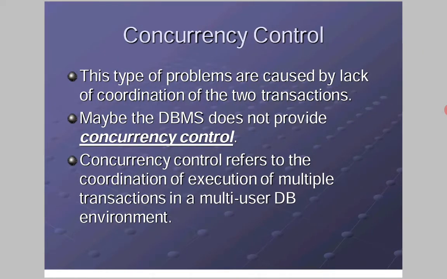So what is concurrency control? This type of problem is caused by lack of coordination of the two transactions. Maybe the DBMS does not provide concurrency control. Concurrency control refers to the coordination of execution of multiple transactions in a multi-user database environment.